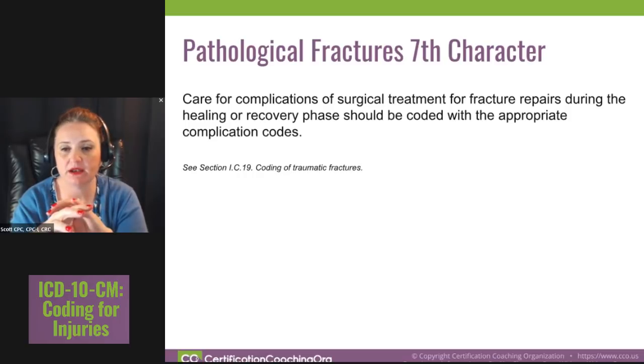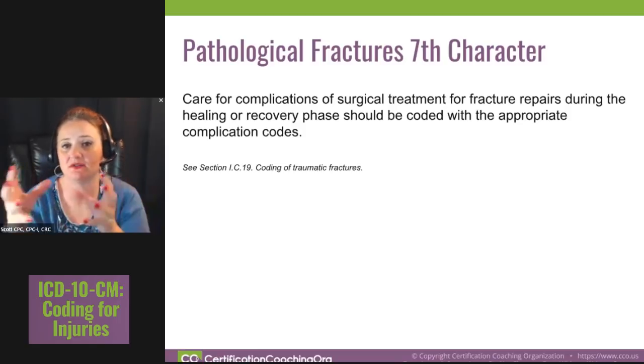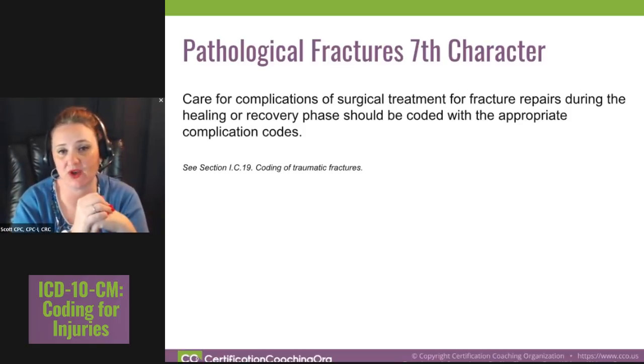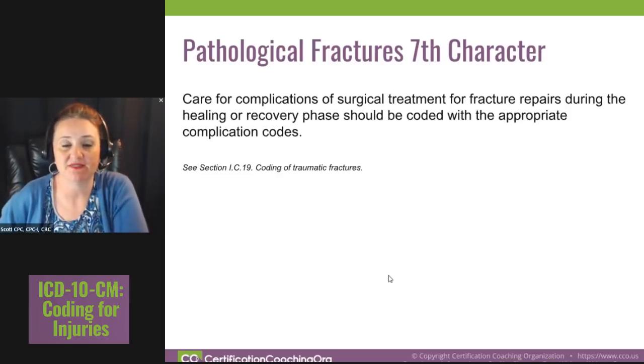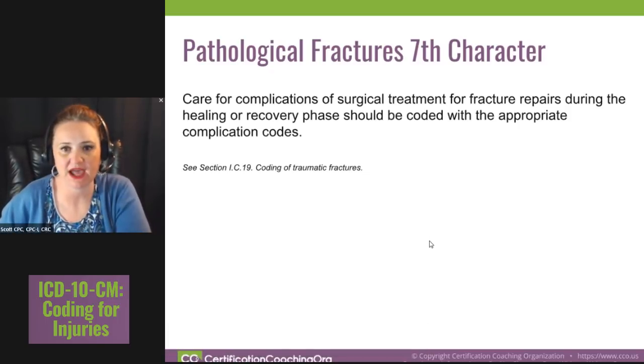But if it's just a complication of the cast, probably not. And remember, we have to think about the billing process. The cast itself, you don't get paid extra for that per se. That's part of the payment you get for treating a standard fracture. So that's why we have to ask, is there a problem with the fracture, or is it just the cast that we're redoing?